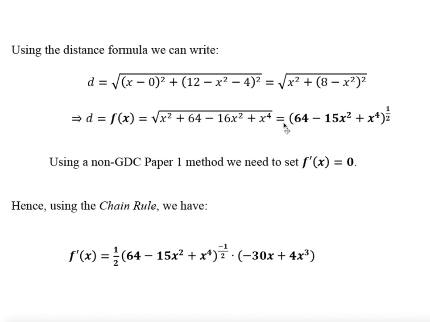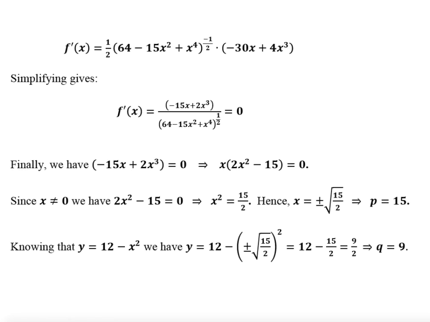So here it is, the radical form in exponential form, and if we want to actually take the derivative, classic chain rule, 1/2 of that value, subtracting 1 times the derivative of the piece inside. And of course, if we're going to take a paper 1 approach, we'll just set all of it equal to 0.